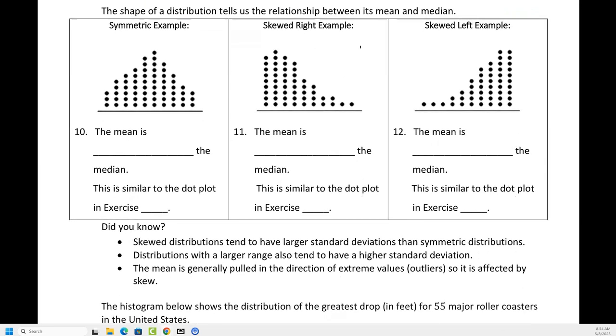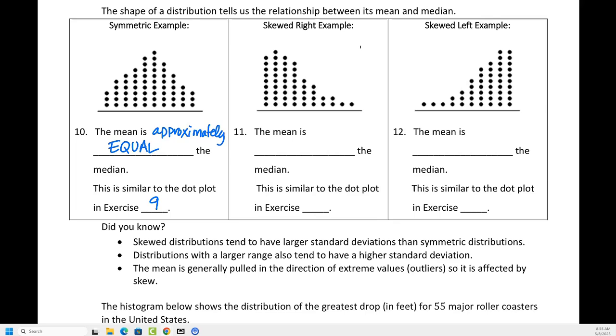Okay, and this is similar to the dot plot in exercise 9 above.